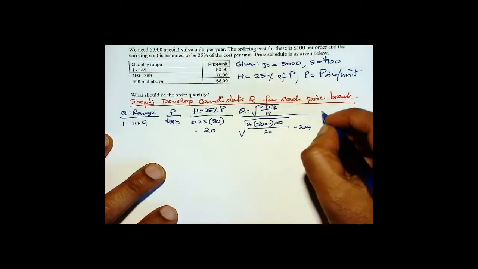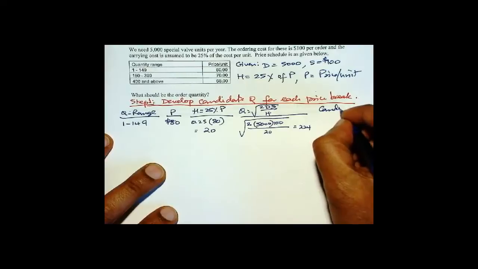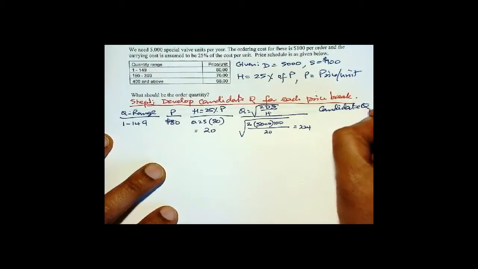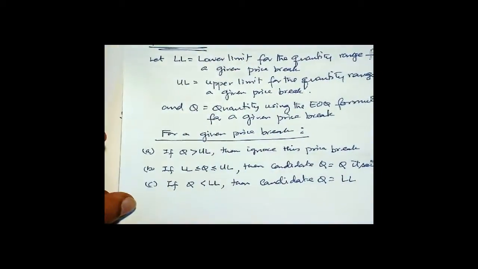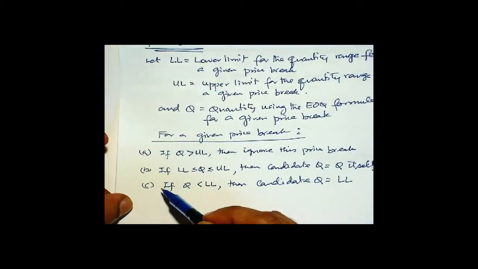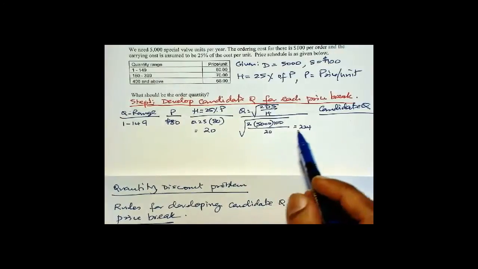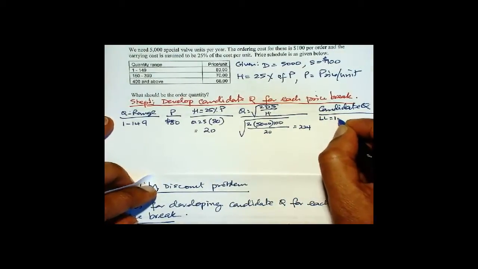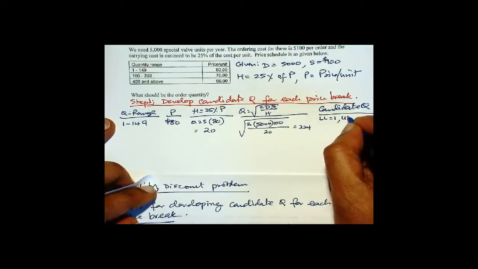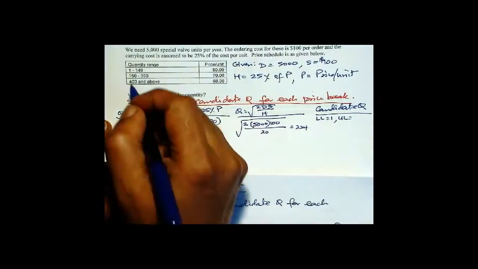Okay. Now we have to apply the rule, this A, B and C rule. So here the lower limit is 1, upper limit is 149.